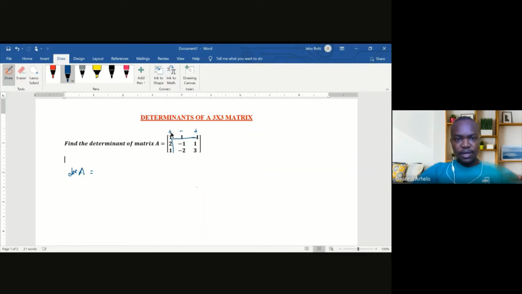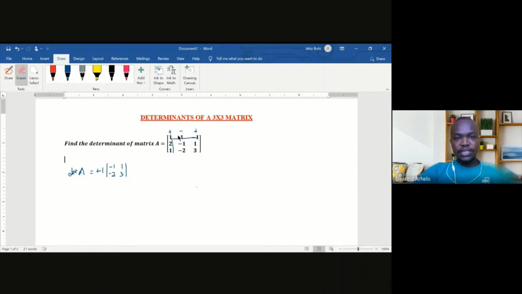So I have a plus 1 times the determinant of minus 1 and 1, minus 2 and 3. That's the first thing we do there.